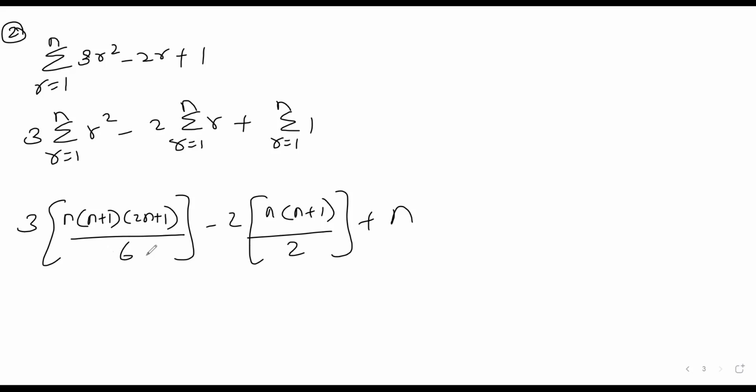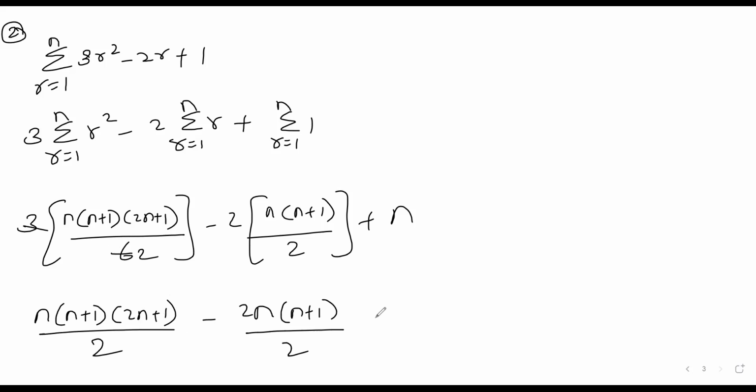So we can either cut this and equalize the denominator. So here it is 2. So it is n plus 1, 2n plus 1 by 6 minus 2n. Now this is not by 6, this is by 2. N plus 1 by 2 plus, we'll equalize the denominator, this will become 2n upon 2.